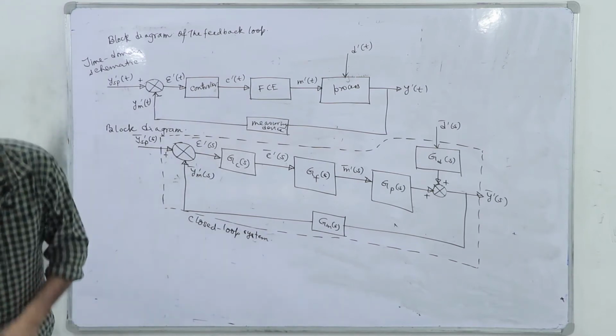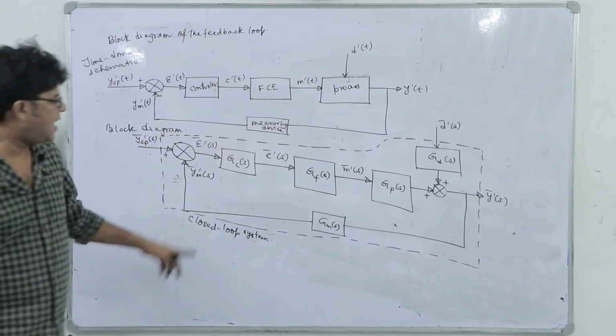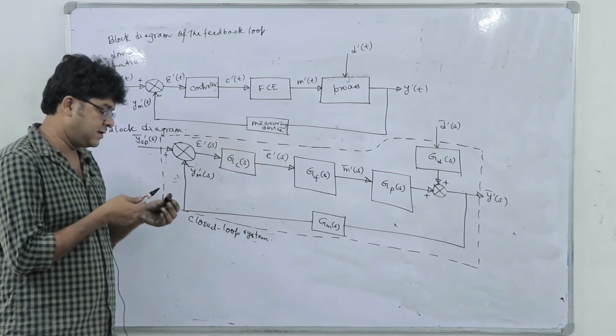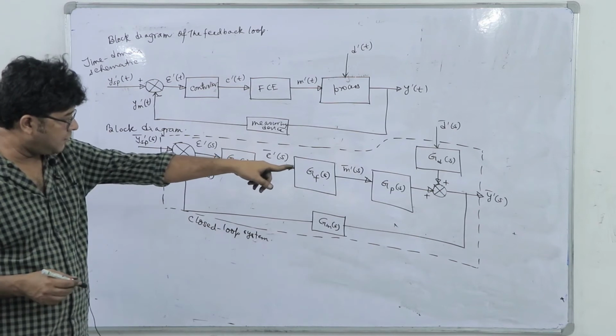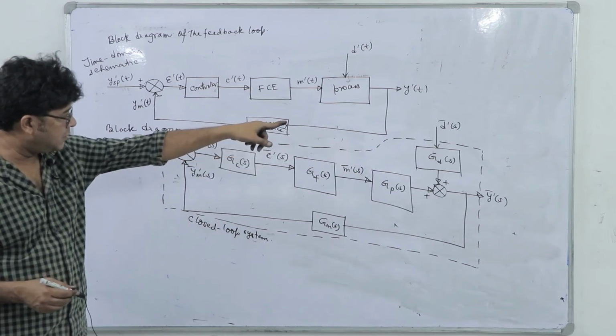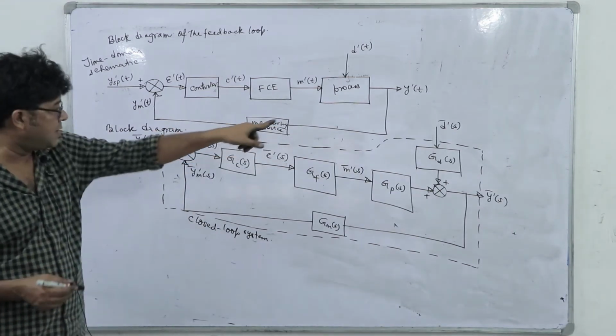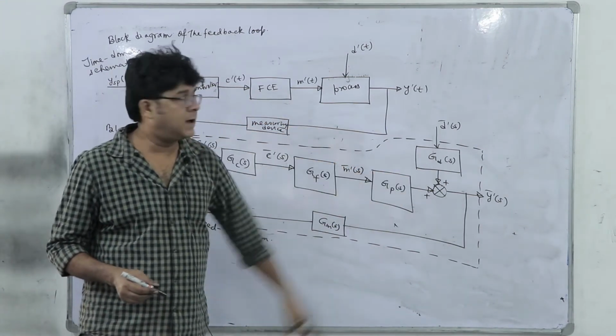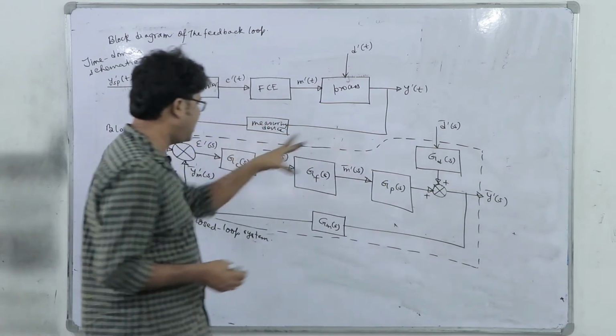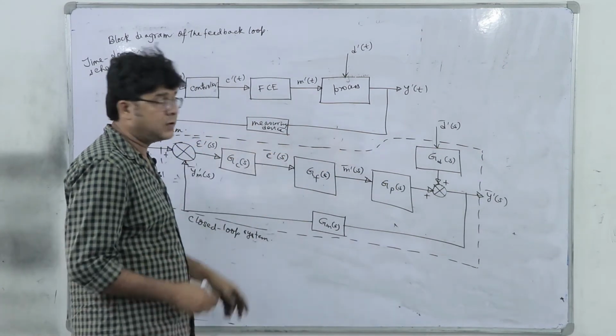So for this closed loop system, we have to calculate the relation of y prime in relation to d prime and ysp, the two inputs ysp and d prime producing the output y prime. So you have to generate the relation in terms of the transfer functions of the individual blocks.